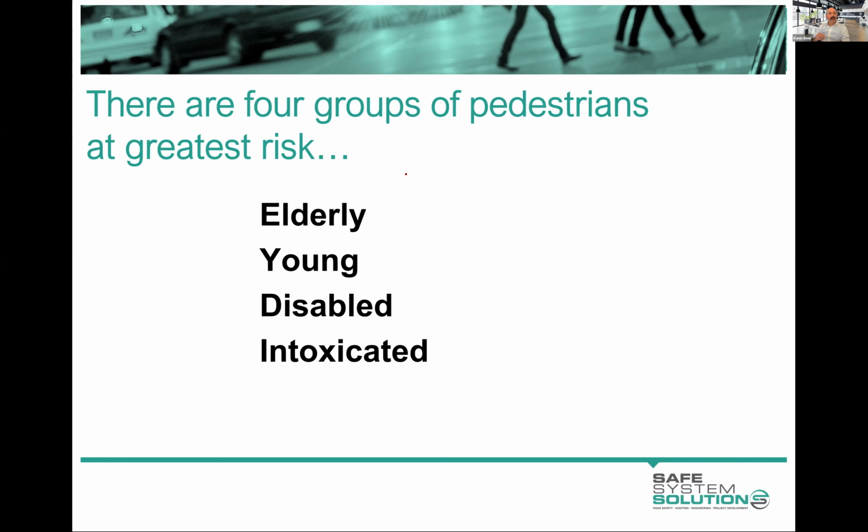Disabled, in terms of pure numbers of those disabled injured or killed as pedestrians, is relatively low, but as a percentage of travel it is quite high, and it's due to not being able to get up curbs, sometimes being trapped in areas, having to go to other dangerous locations.